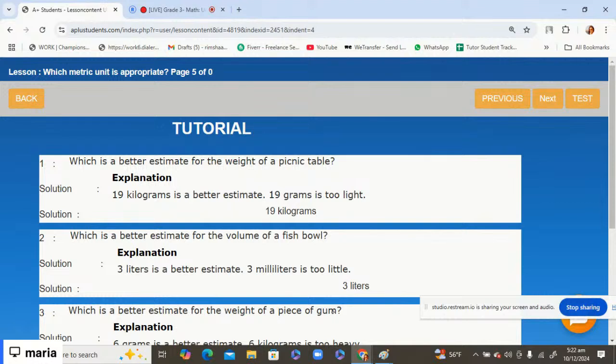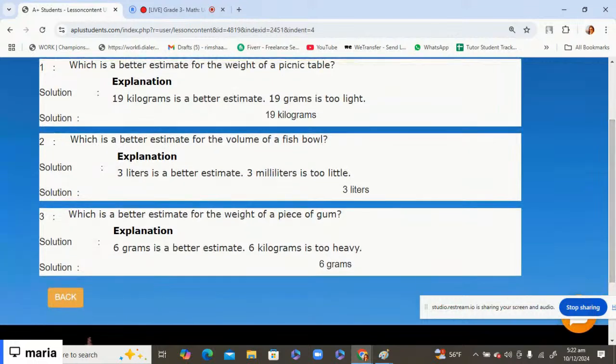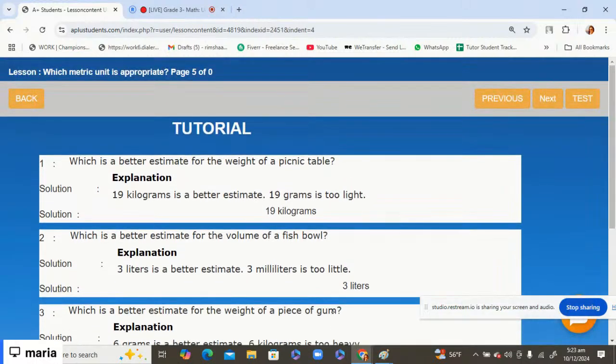It's not too heavy, so we are using milliliters, centiliters or only the liter. Which is the better estimate for the weight of the piece of gum? It's not too heavy, so we don't involve kilo with it. It's just a gram, because for the weight, gram is involved. Let's do some test questions for that.